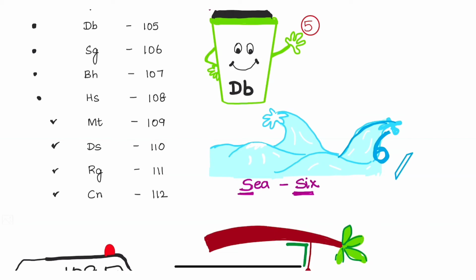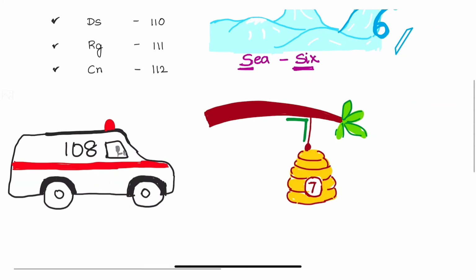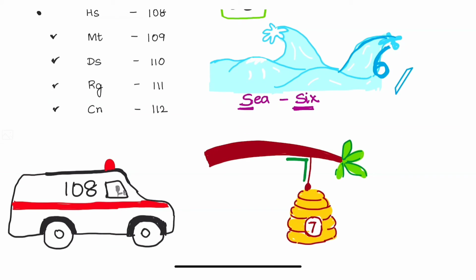Okay, moving on to the next element, which is Bohrium. For Bohrium, you can also remember it as beehive. So you have the B here and H for hive, so beehive. The picture which I have for you is this beehive hanging from a branch of a tree.